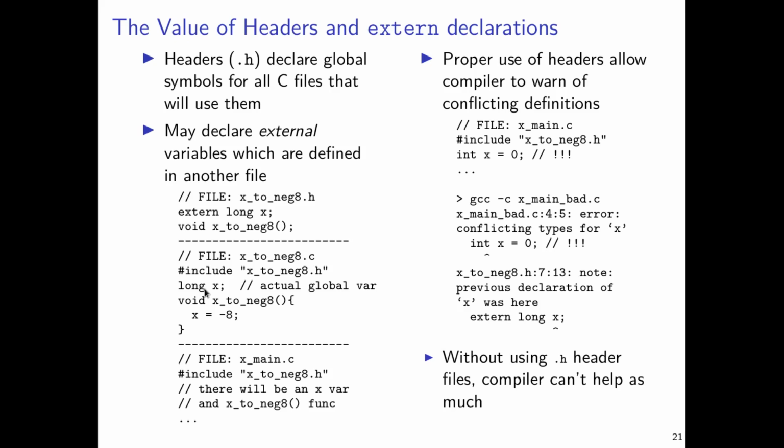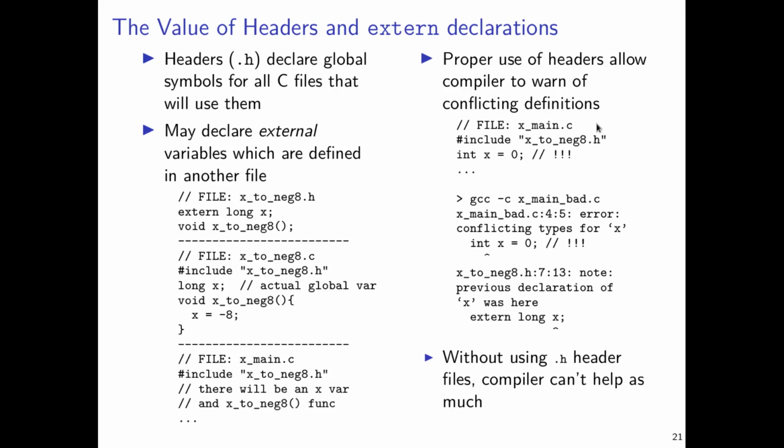You'll most likely get linker errors if this long is changed to an int and disagrees with the actual definition of x here. Whereas in other files where I'm not going to define these things, I'll just #include this header, which is a promise that if I have a main function that makes use of this function and this variable, it will have the appropriate sizes associated with it.